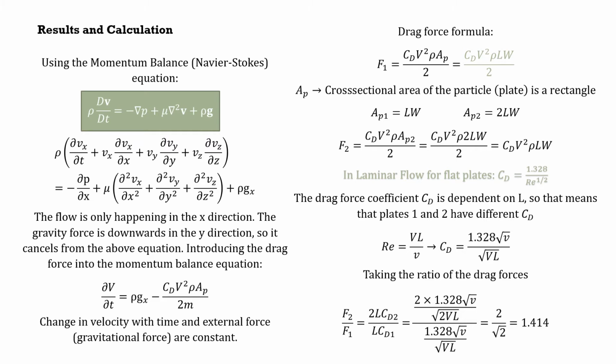After finding out that this is the equation shown in green for the drag force coefficient, we find that it's a function of the Reynolds number, and we can express the CD in terms of these parameters. Taking the ratio of the drag forces will give us a value of 1.4 between force 2 over force 1.